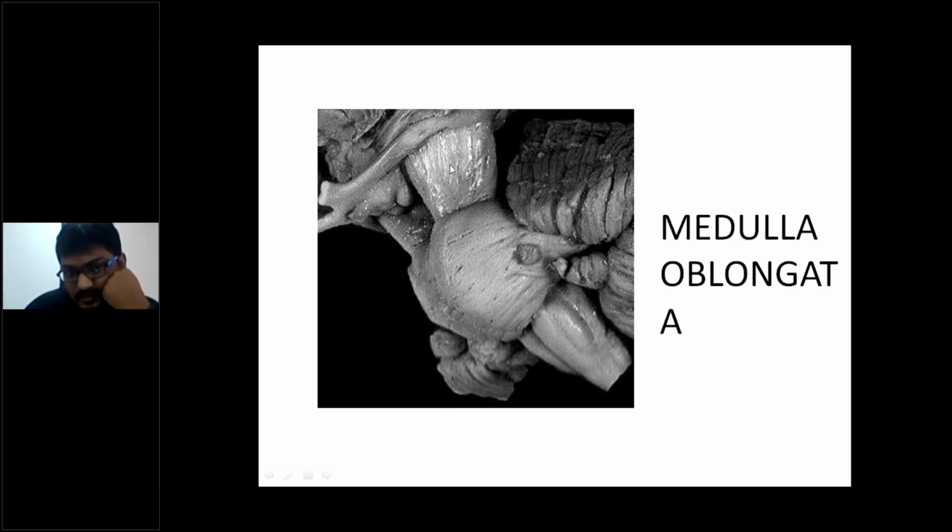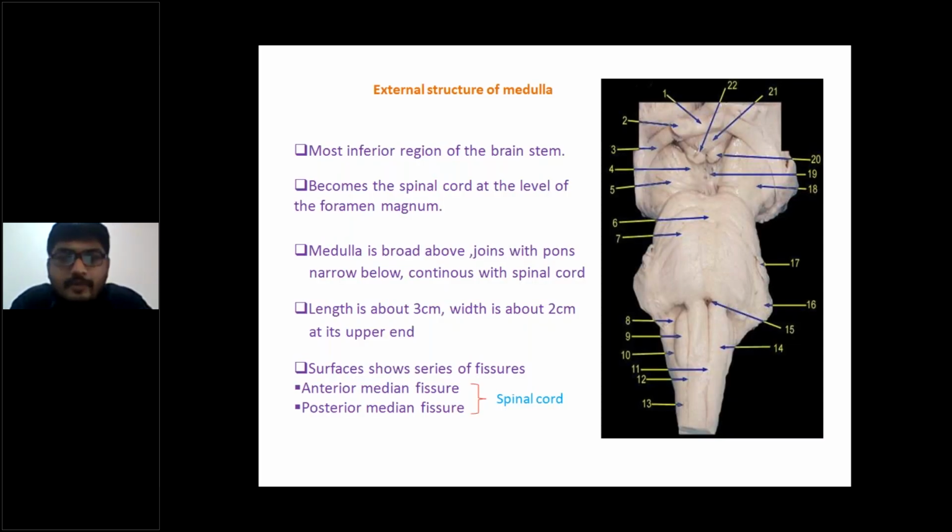See, this is A. This is A, this is B, this is C. Medulla oblongata, A, B, or C? C, sir. C, sir. Medulla.